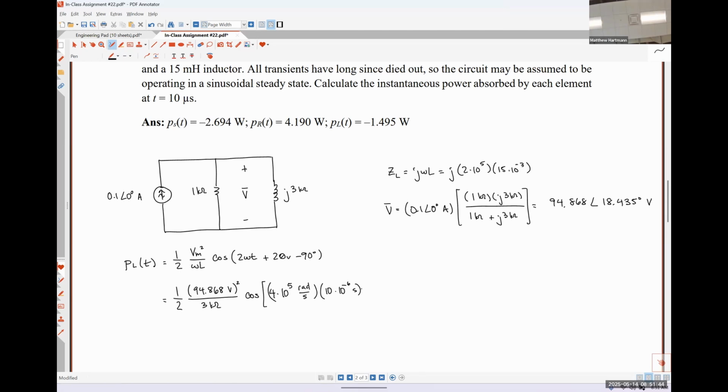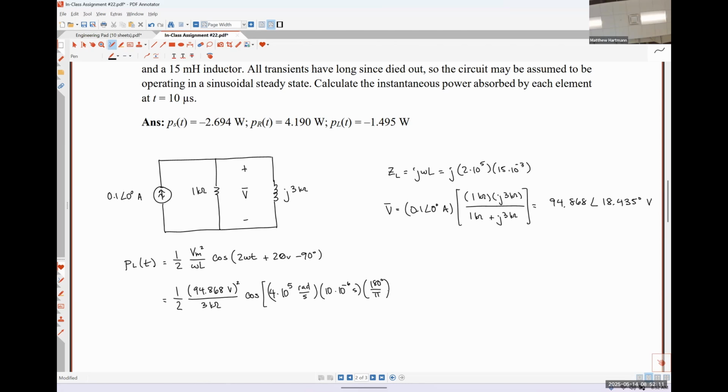Since my calculator is in degree mode 99% of the time, I'm going to choose to convert this angle in radians right here into degrees by multiplying by a scaling factor of 180 degrees over pi, okay? This is the second most common mistake I see students make, forgetting that you can't put an angle in radians and an angle in degrees into your calculator at the same time.